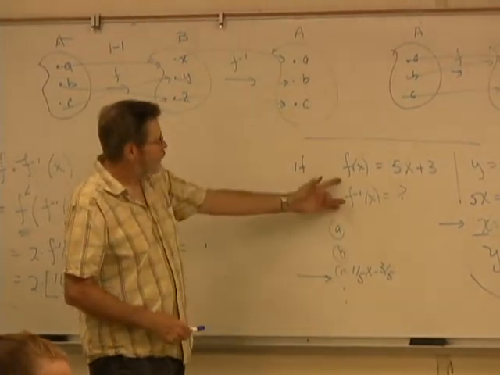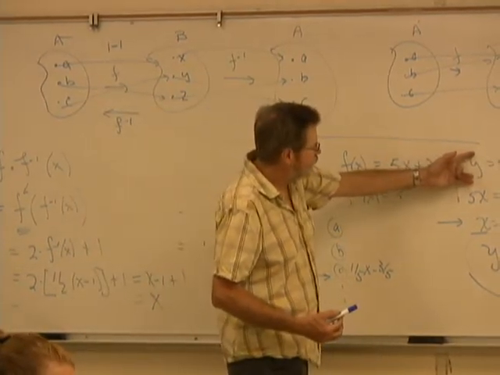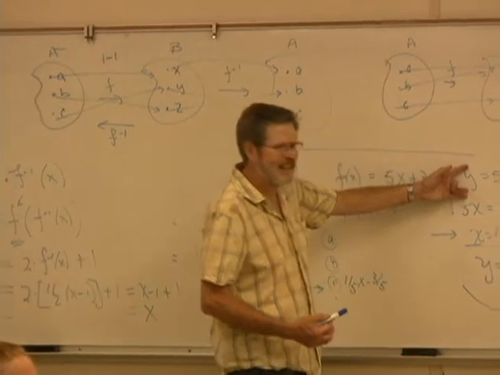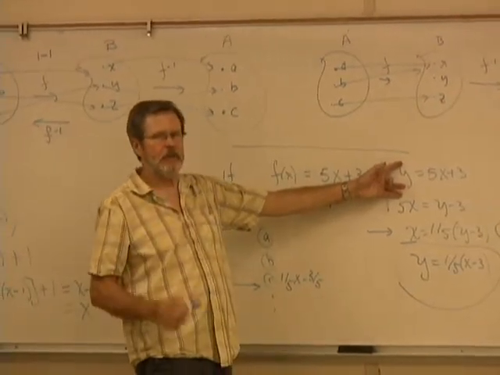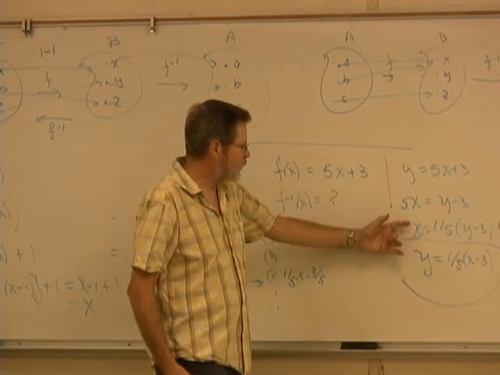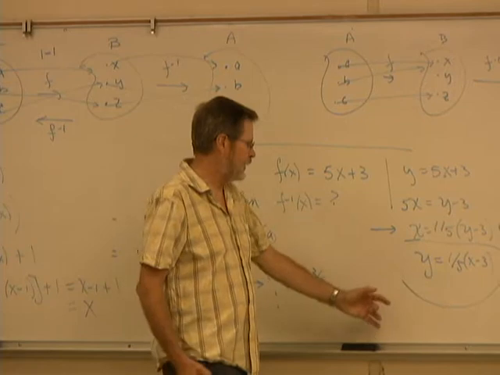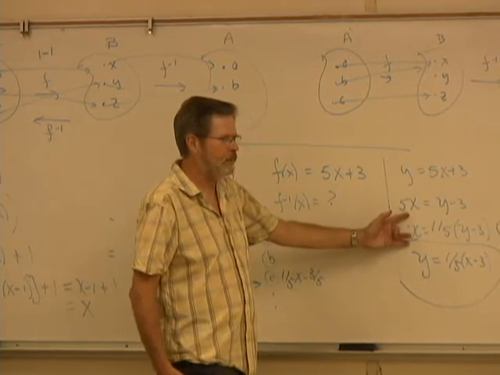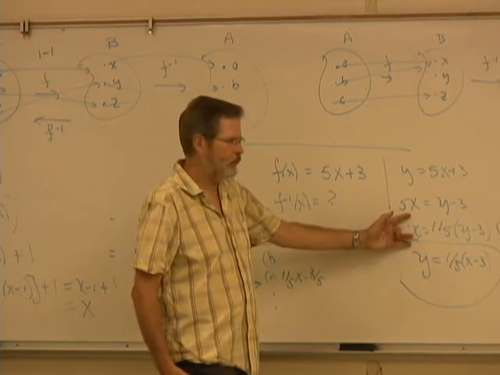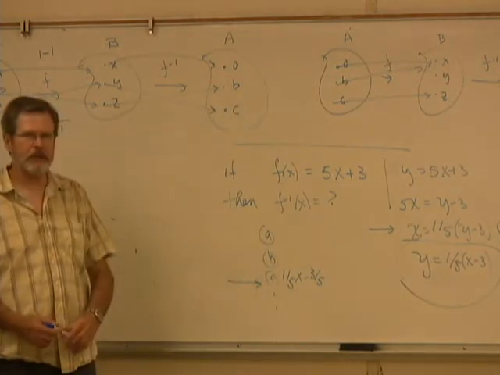What you want to do under these circumstances is take the expression for the original function, set it equal to y, even if it was written as f of x equals. Solve for x in terms of y, then replace x by y and y by x, or f of x, to write it in the usual function expression.